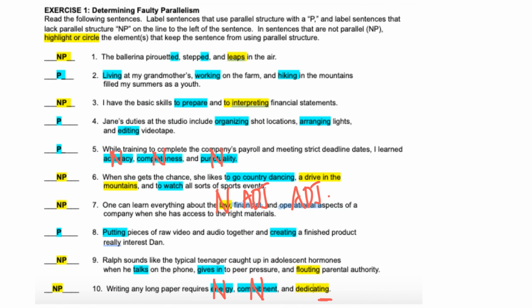That is, it's not the same part of speech as energy and commitment. So we would label this sentence as not parallel. In the next exercises, you're going to be thinking of ways in which you can make the sentences achieve parallelism by choosing a phrase or a word of your own that will stay consistent and achieve parallelism within the blanks that are listed in exercise 2.